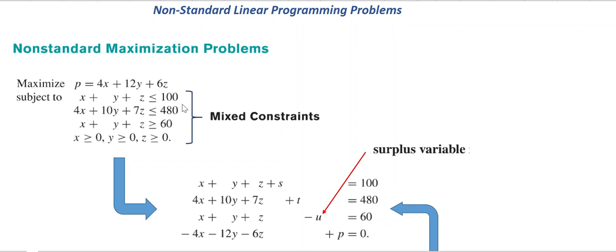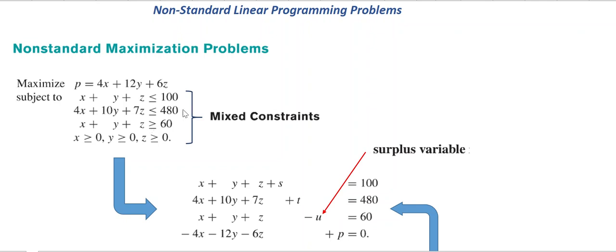Both of those are exactly what we would want if we were working with a standard maximization problem. The inequality signs would be less than or equal to. However, in the third inequality, x plus y plus z is greater than or equal to 60. Because this is a greater than or equal to sign, this is not a standard maximization problem.